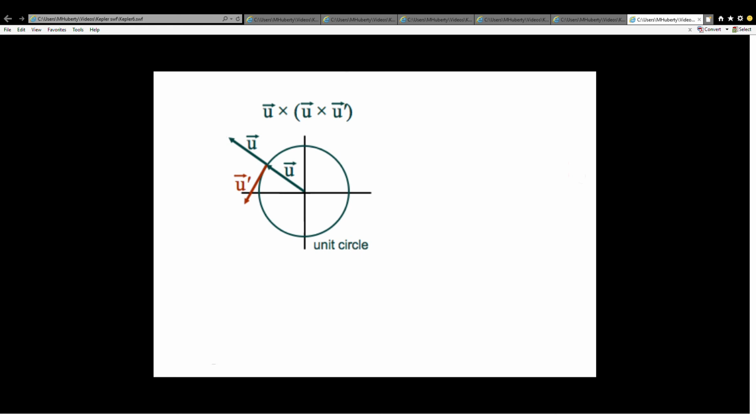So that inner cross product that we have here is out of the screen, right? Or another way of saying it, it's out of the plane that the planet's moving in, okay? And so now what's U here cross this new vector out of the screen going to be?